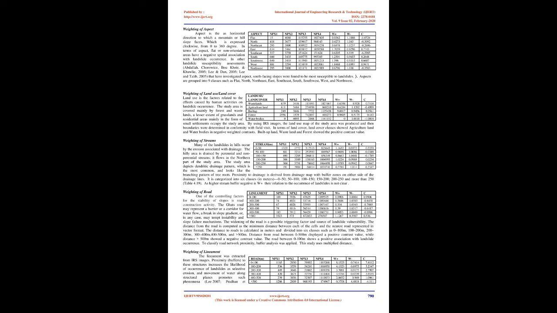Weighting of geomorphology. Geomorphology is considered an important factor closely related to landslide occurrence because geomorphological units are created based on the integration of topographical characteristics, geological structures, geotectonic movements, and morphometry. The geomorphology map for Kodaikanal was collected from NRSA at scale 1:50,000.